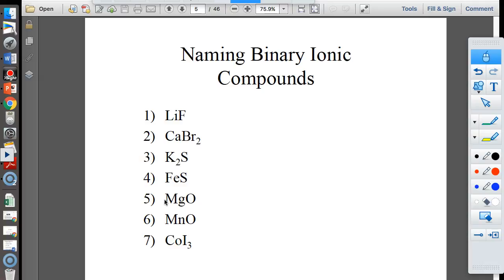So just kind of list these. You need to use the back or write smaller.